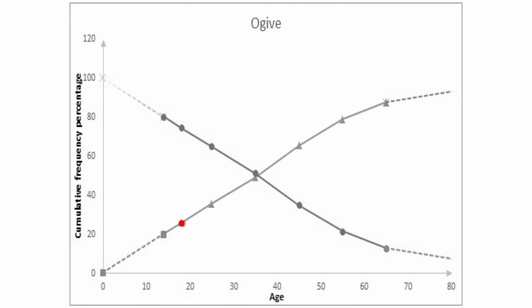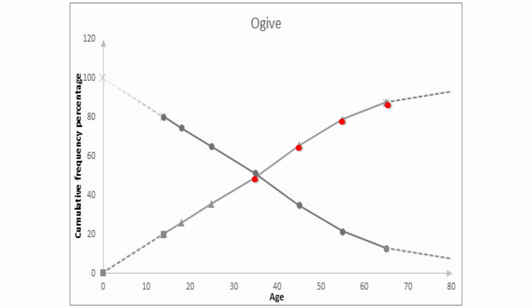So we plot the point where the value 18 in x-axis and 25.7 in y-axis meet. The upper limit of the third class is 25 and the less than cumulative frequency is 13.5. Hence, mark the point where these two values meet.